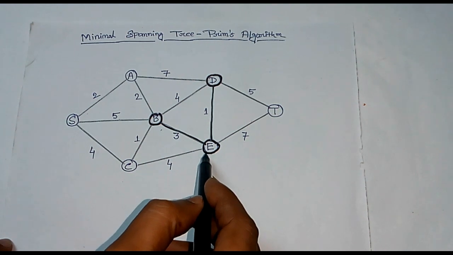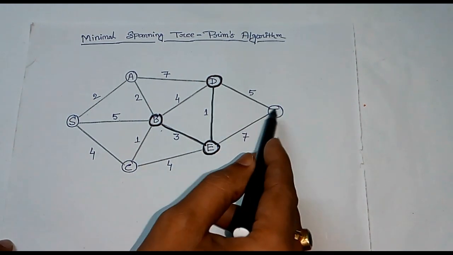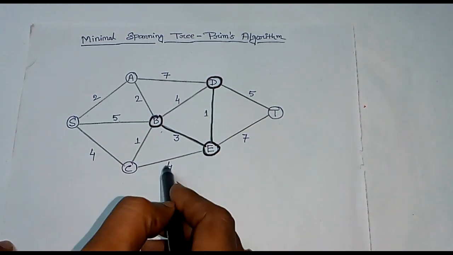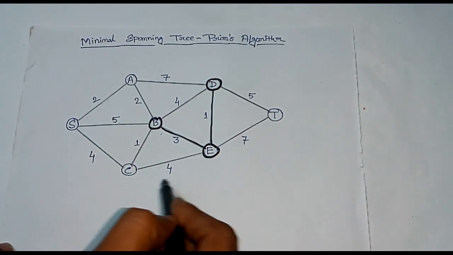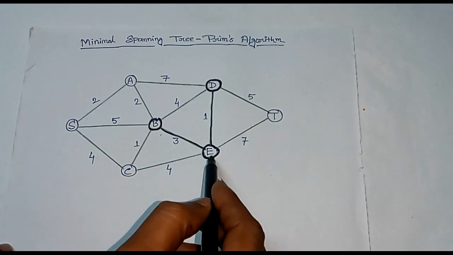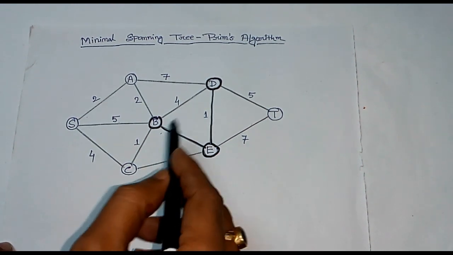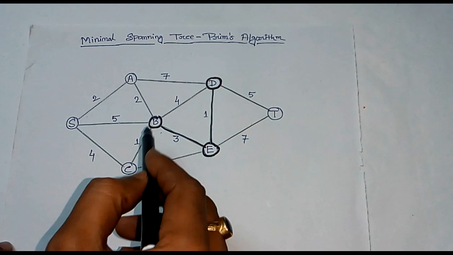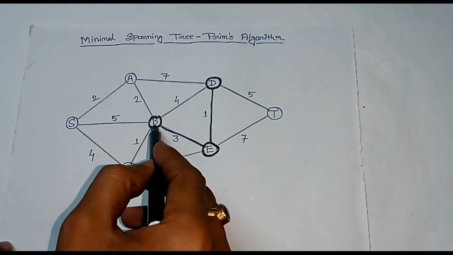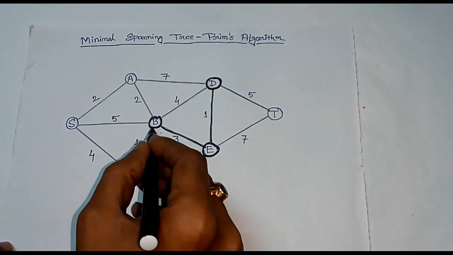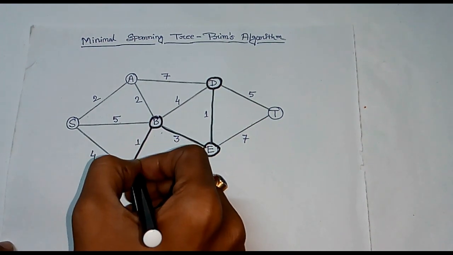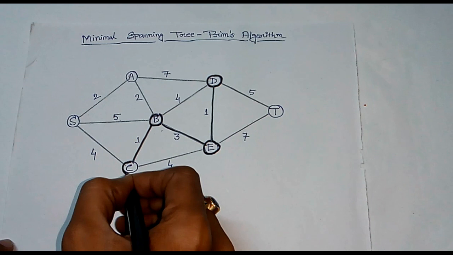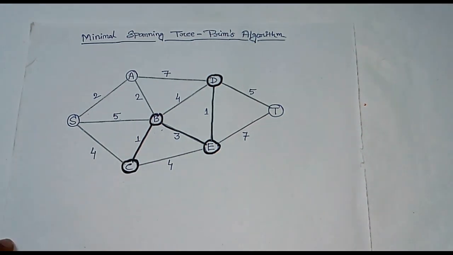Consider E, there are 2 vertices C and T, and the distances are 4 units and 7 units respectively, and the minimum of these 2 is 4, so C is nearest to E. But among all the vertices, C is nearest to this vertex B, which is 1 unit away. Hence we connect this edge and we select this vertex C.